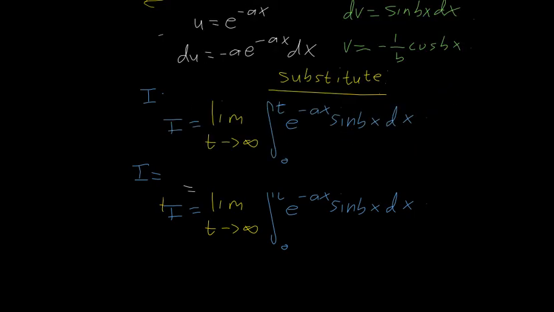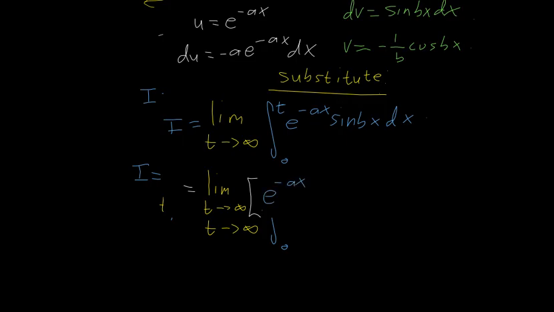So I is going to be the limit as t approaches infinity, all in square brackets, of u times v. U was e to the negative ax, and my v was negative 1 over b cosine bx.